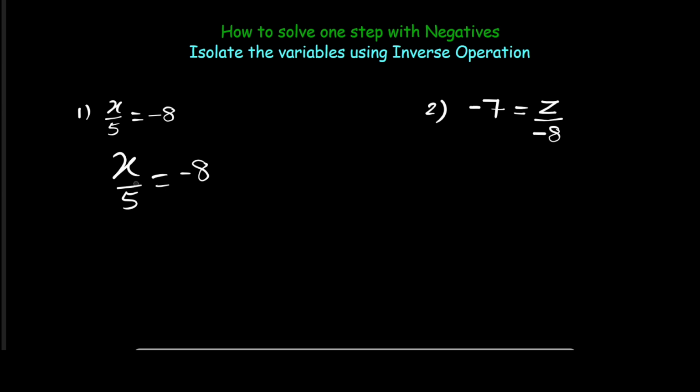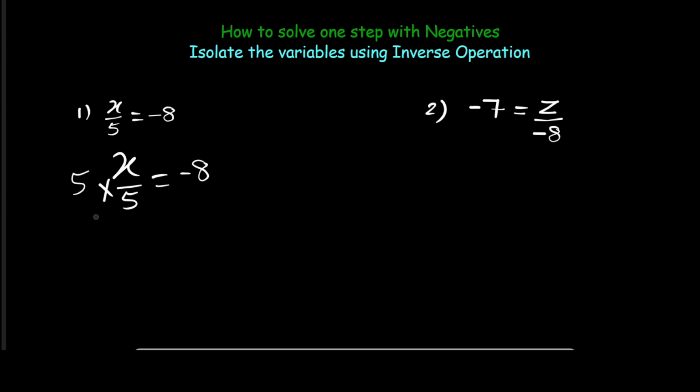So we want to undo this 5 which is in division with x. So we have to apply the inverse operation here, and the inverse operation of division is multiplication. So we have to multiply this side by 5 to undo this 5.